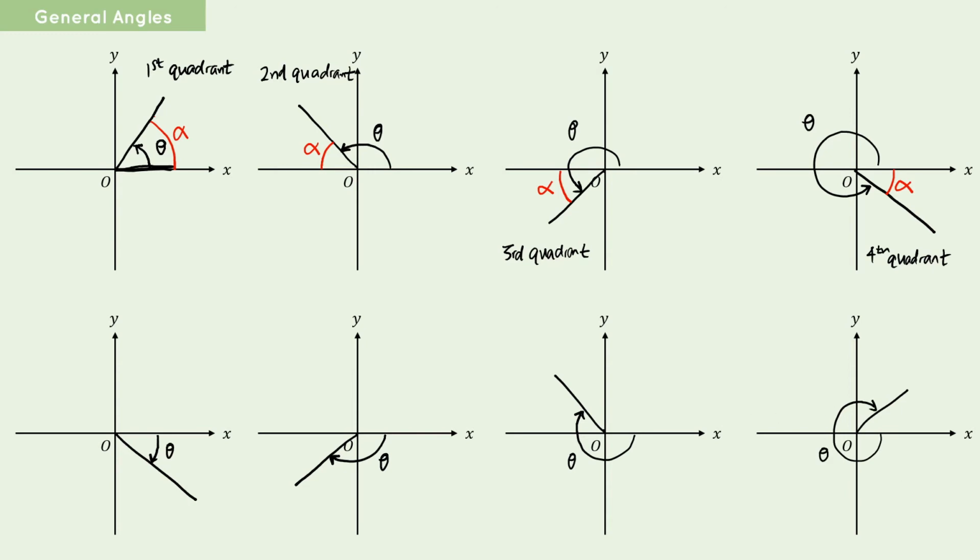First quadrant. Since all these angles move in a clockwise sense from the positive x-axis, they are negative angles. Similarly, there are basic angles for each of these. Alpha.